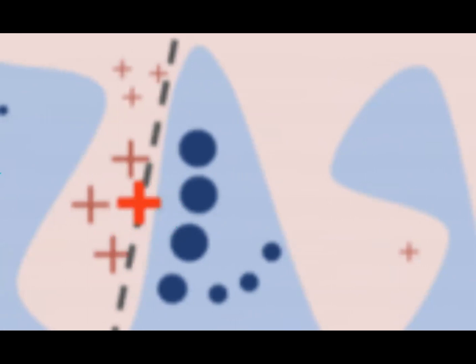The more you zoom in, the more locally you are working, the less complicated the model gets. We're no longer speaking about a complex decision boundary.